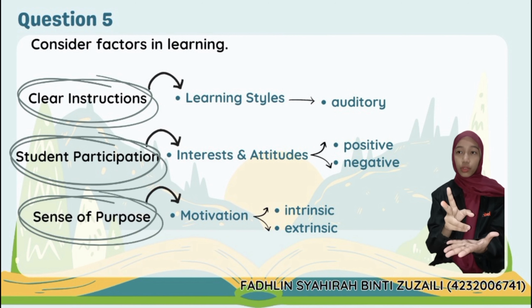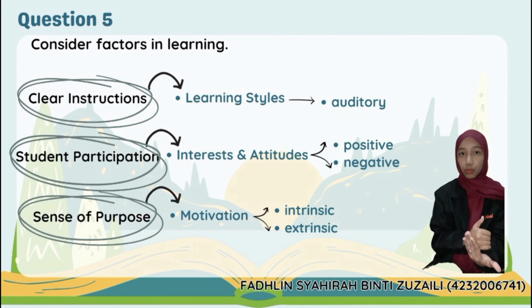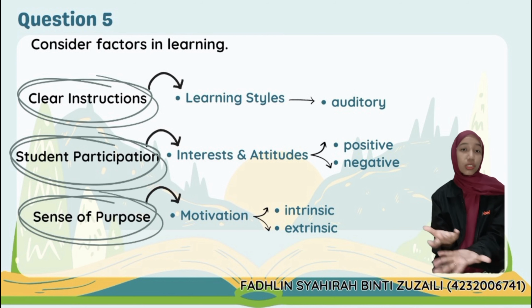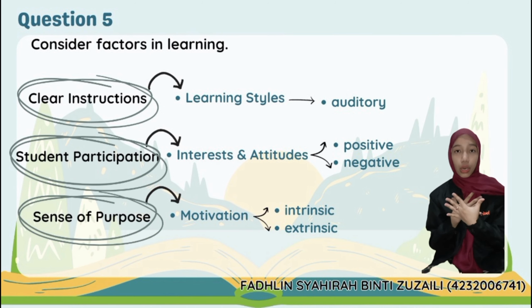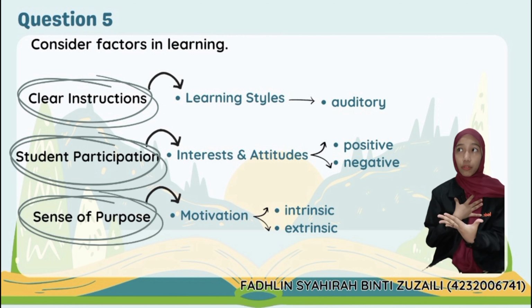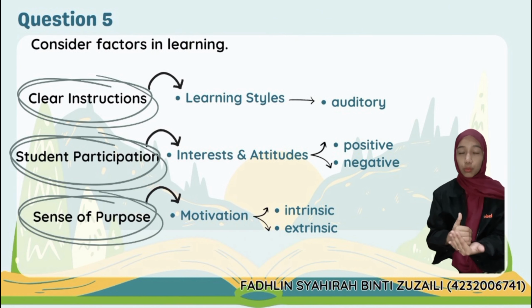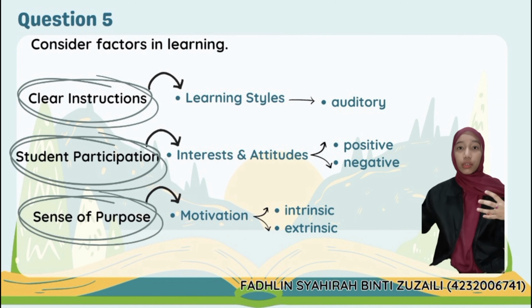We have two types of motivation. The first one is intrinsic motivation and the second one is extrinsic motivation. So what is intrinsic motivation? It comes from within ourselves. For example, we learn the English language because we want to, because we feel happy and satisfied when we learn something new. And extrinsic motivation comes from external factors.